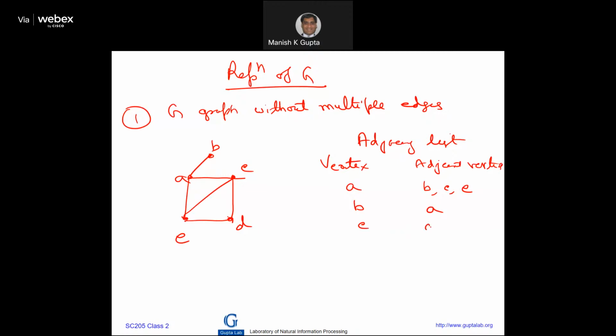C adjacent to A, D, and E. D adjacent to C and E. E adjacent to A, C, and D. Right? Each vertex adjacent to what? You can write. So it's the adjacency list representation of the graph, right? What mathematics is in this? It's common sense, right? You can just write a way to represent everything.